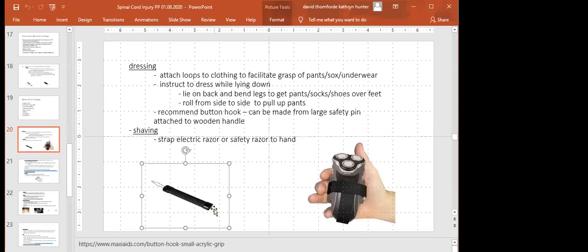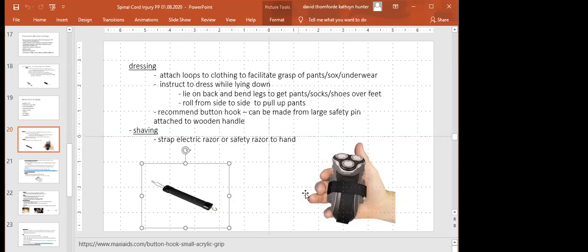And it has a useful little hook on the other end that you can use, for instance, to hook onto a zipper pull, because zipper pulls are really small and hard to grasp. But if you can hook that on, then you can pull the zipper up. So those are some ideas to help somebody with a spinal cord injury work on dressing.